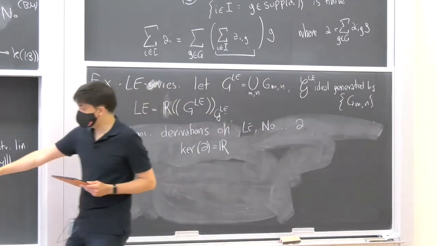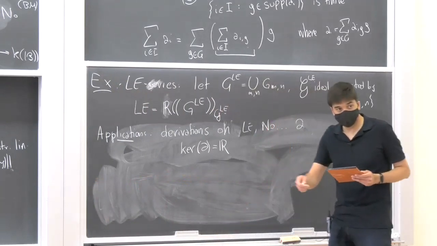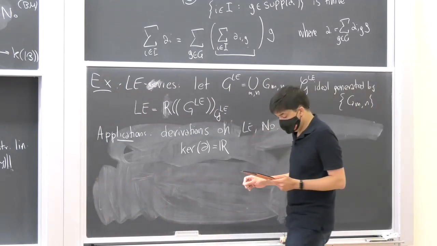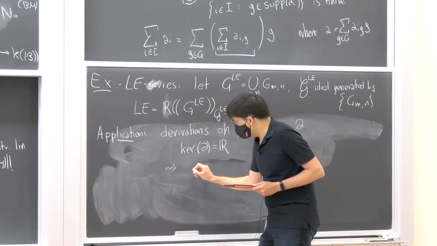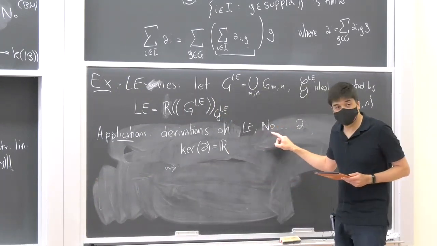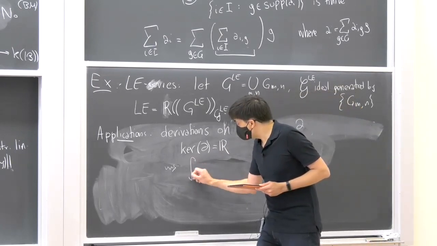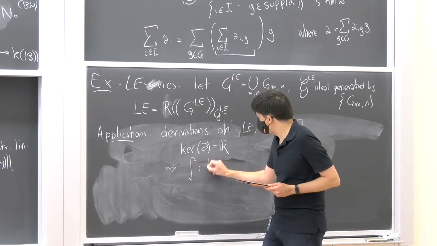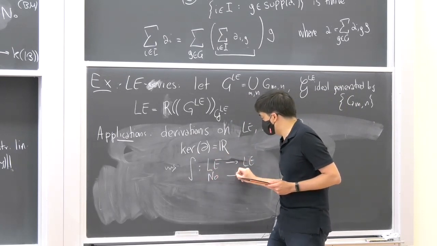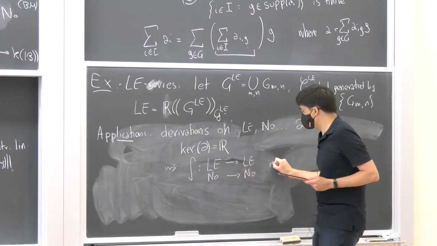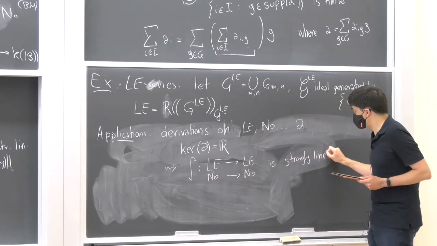So you do satisfy condition 2. So the support is going to be just the monomial one, and it's there already. They are strongly linear. So since they are surjective in the settings, there is an integral map from LE back to LE, and also from NO to NO. But this is strongly linear.